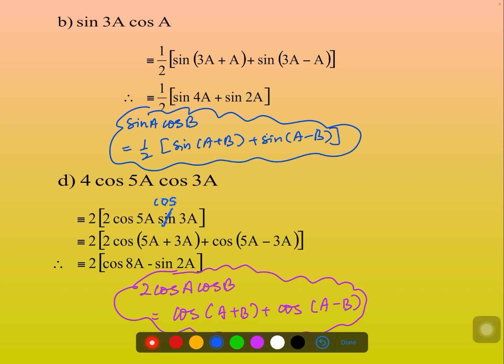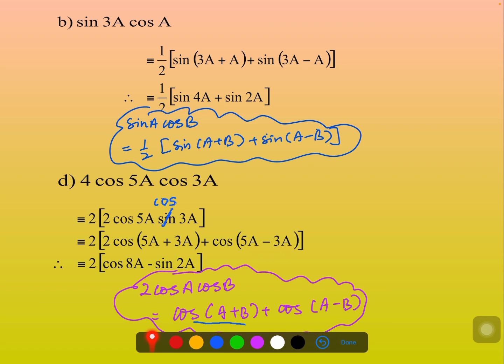So we will have 2 cos (5a plus 3a) over 2, this is cos (A plus B), so 5a plus 3a, plus cos (A minus B), 5a minus 3a.